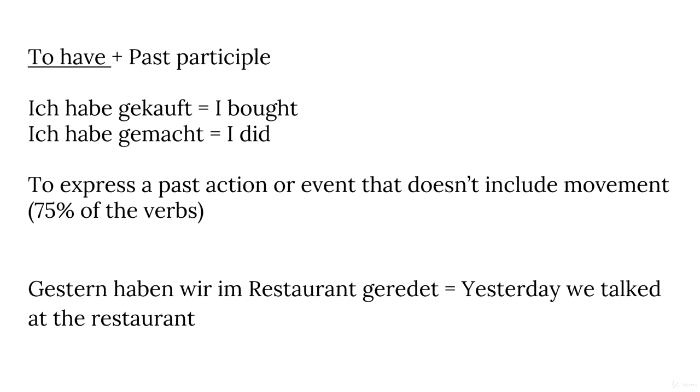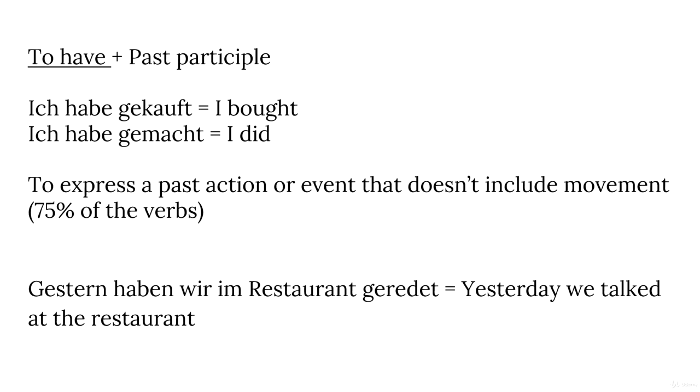But I can say this. Almost all those verbs start with ge. As you can see in the second sentence, I did is ich habe gemacht. To do something isn't necessarily something that you move in it.